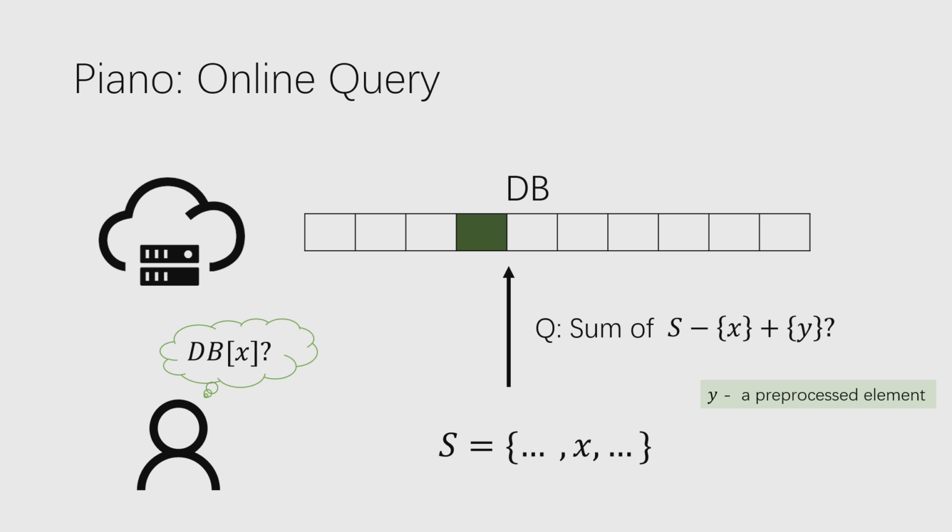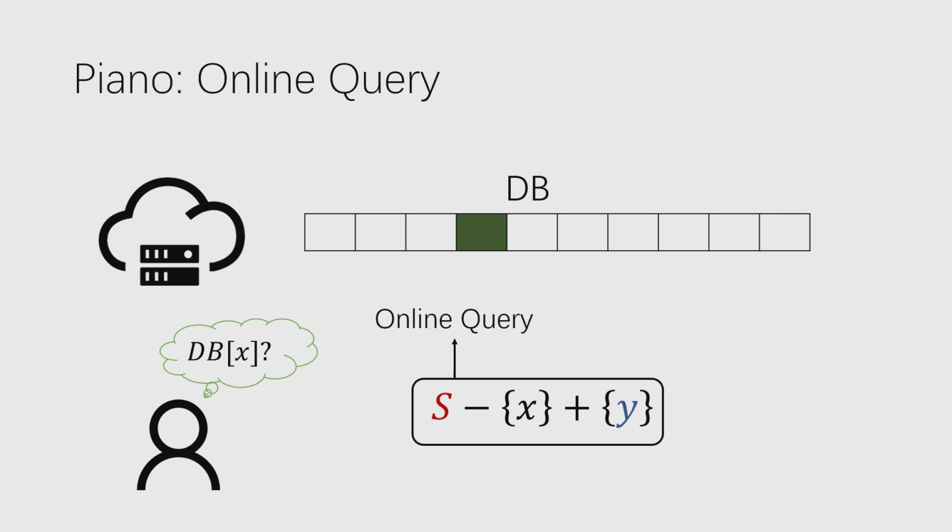So the solution of Piano is to simply replace X with a preprocessed element Y, and ask the server for the sum of S minus X plus Y. By learning this, it's enough for the client to learn the value of X, because S is known and Y is known, so by just solving the equation we can get X. And this is also private, because from the server's perspective, this set looks random.